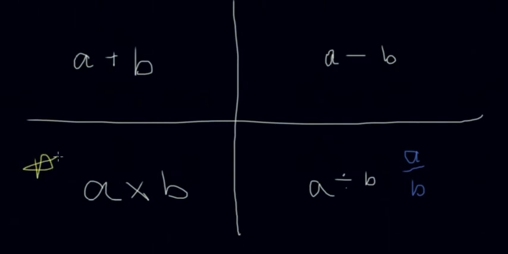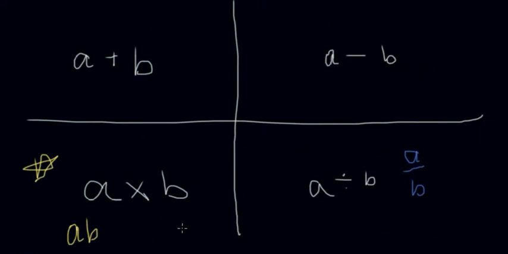It is considered the default operation, which means you can write a times b as ab, and everyone will understand that ab means a times b. This is because you don't want to get confused with x and the multiplication symbol.